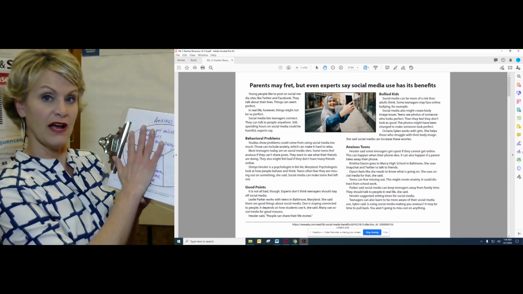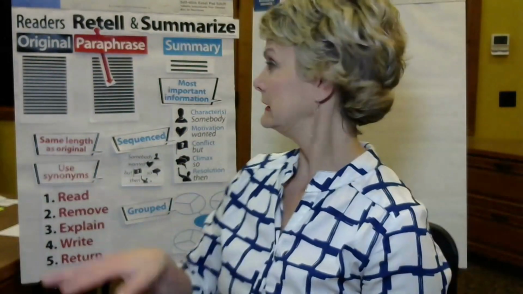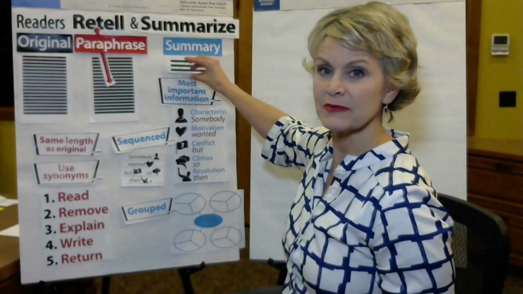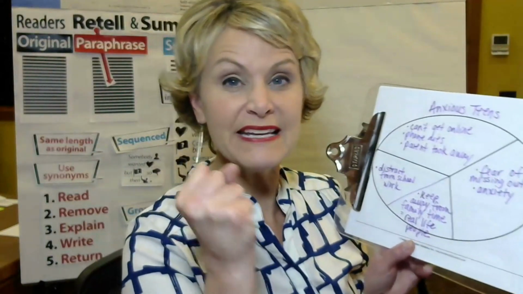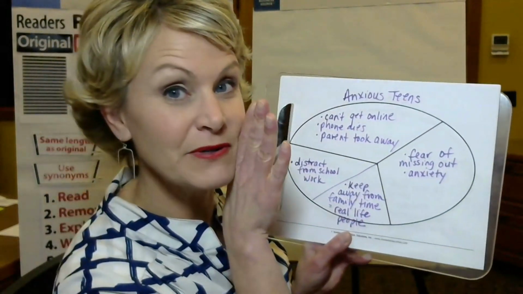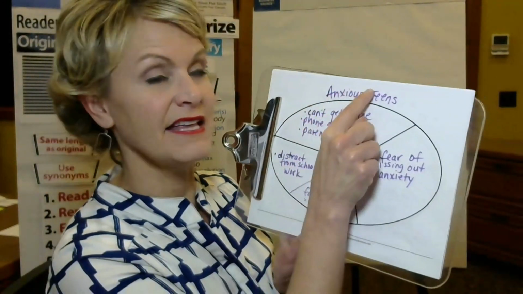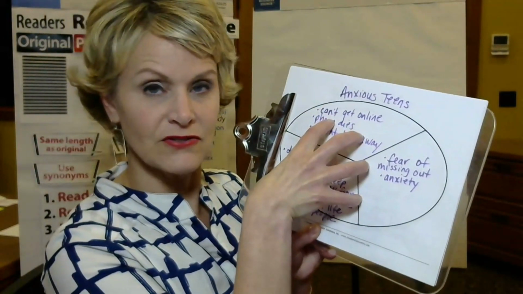Okay, so how do you take these details and turn them into a summary? The secret is for you to really pay attention to the label, which we know was the subhead, right? The label and the details.